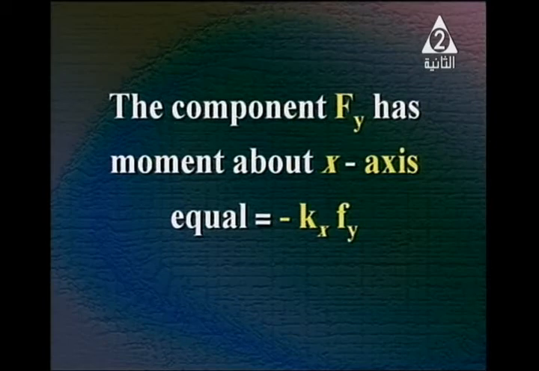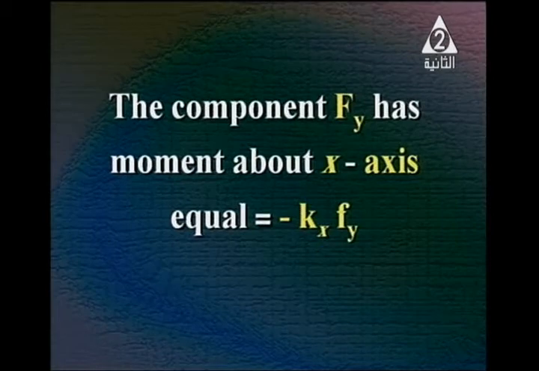The component Fy has a moment about the x-axis equal to negative z Fy. Remember, the component of Fy has a moment about the x-axis. What is the moment? Negative z Fy. What is the meaning of z? It is one of the coordinates of the position vector.